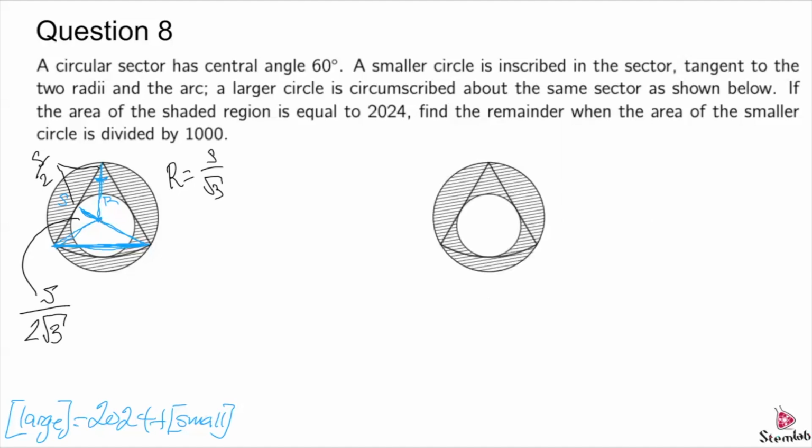For the small circle, we're given that it's tangent to the two radii, so that's that right angle there, and also tangent to the arc. Given that it's tangent to the two radii, we can draw this as well, and that should actually intersect right at the center of the circle. So we have two 30, 60, 90s here again.